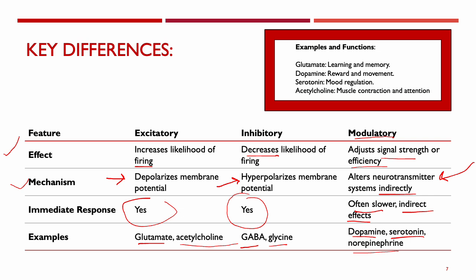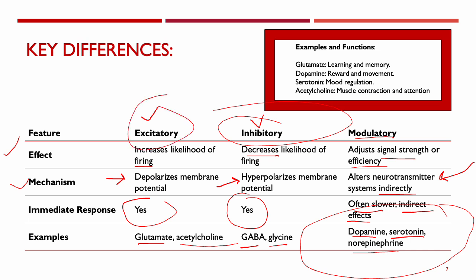Now, you may wonder whether or not, for example, dopamine, serotonin, and norepinephrine are not inhibitory or excitatory. Can they not have these effects? And the answer is yes.